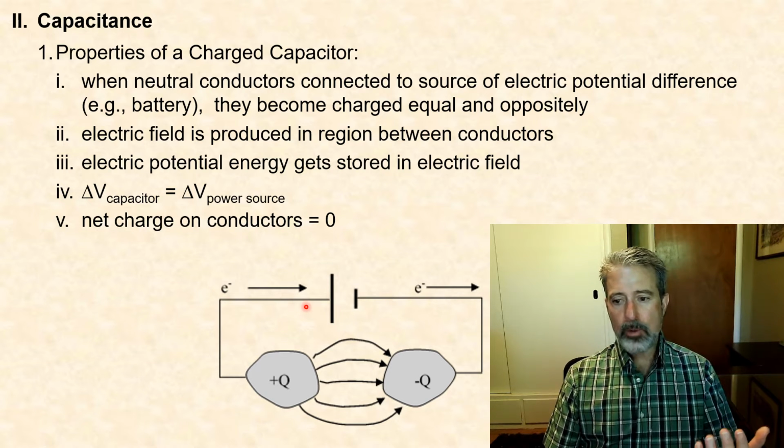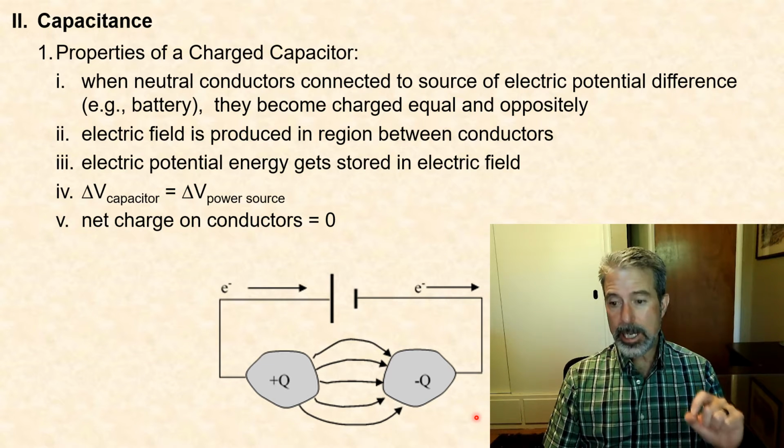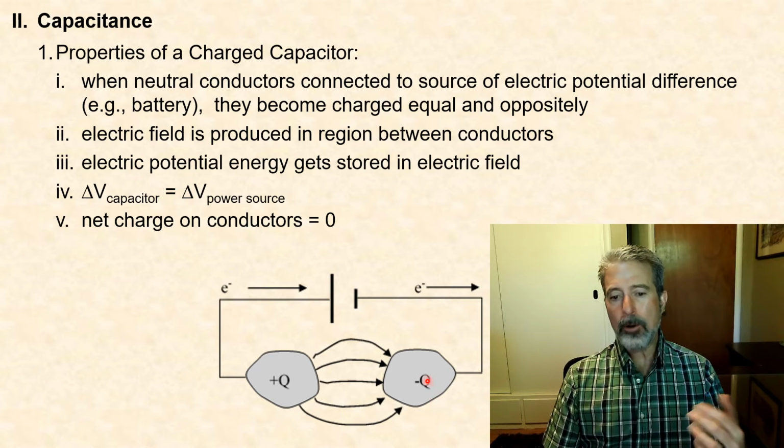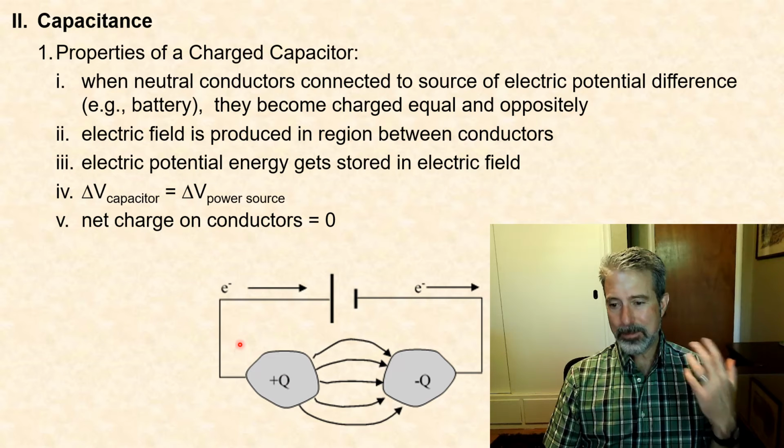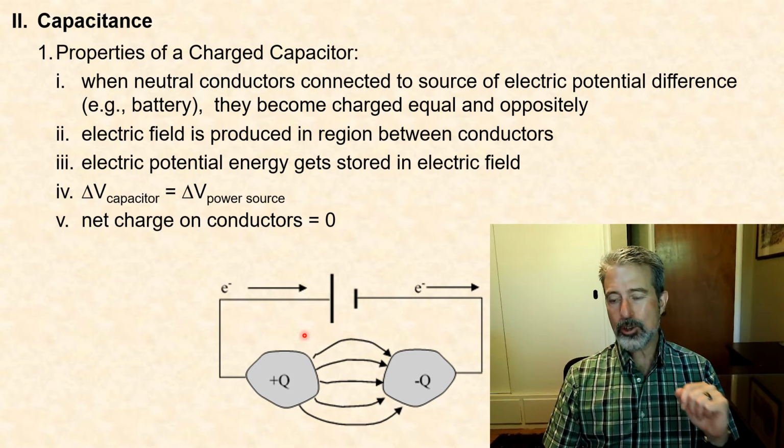So we may be transferring charge from place to place, but we are not creating any charge in this process. So when you add up the net charge of both of these conductors, the net charge will be zero, which must be the case if charge is going to be conserved in this charging process.